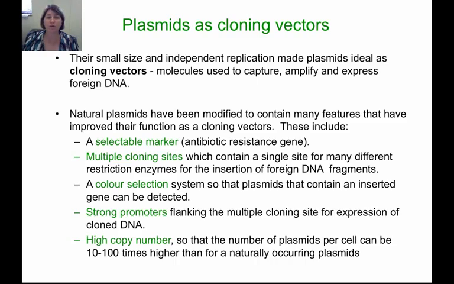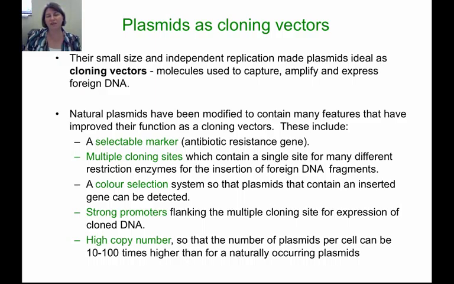What we use them for is to capture, amplify and express foreign genes. So what we've done is we've taken naturally occurring plasmids, which occur in bacteria in nature, and we've adapted them so that we can utilise them for our experiments in a laboratory.